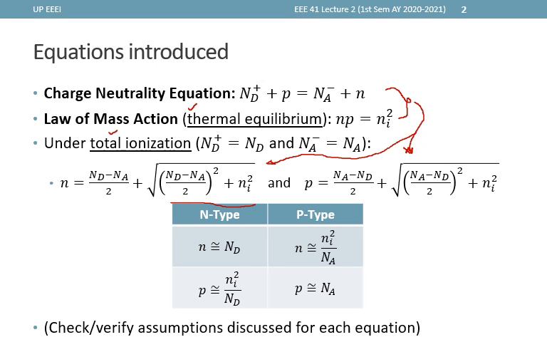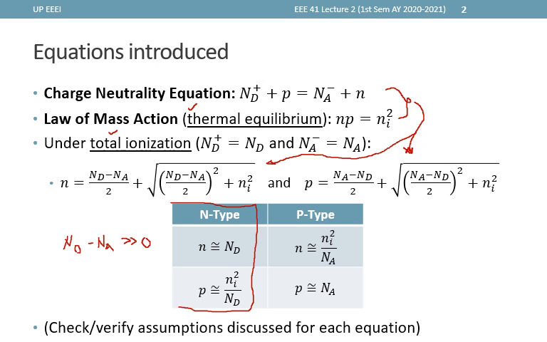So this equation, aside from being in thermal equilibrium and total ionization, assumes that Nd minus Na, the doping concentration, must be much greater than 0, or that Nd is much greater than Na, which is usual for n-type semiconductors where there are actually no acceptors, but we'll have to make sure that Nd is very large.